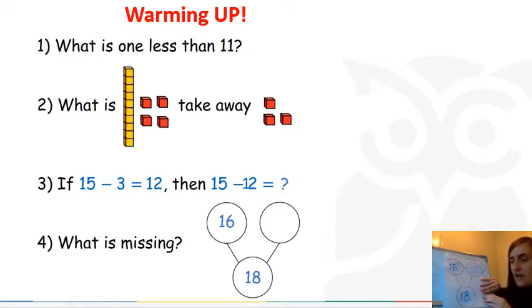Okay, I'm going to count up now to 18. 17. 18. How many have I added on? 2. So the other part is 2. 2 is missing. The answer is 2. Give yourself a great big tick if you managed to get that.